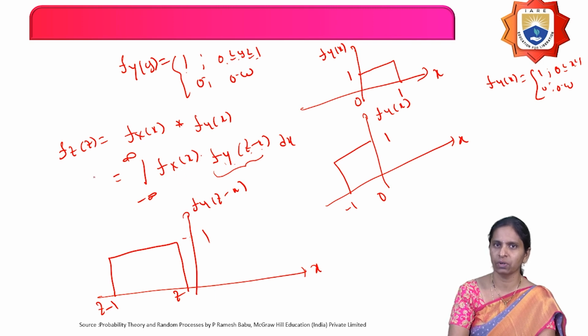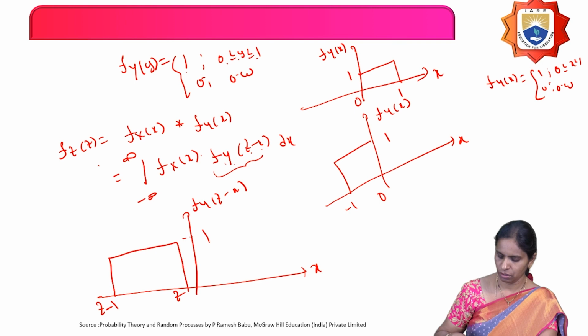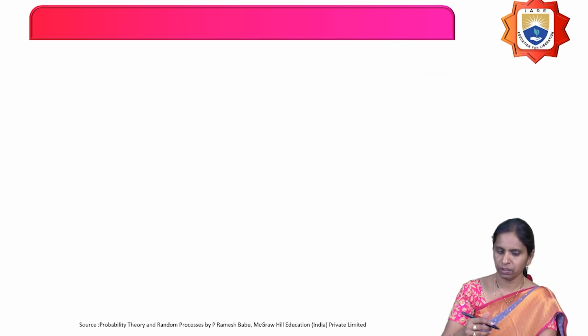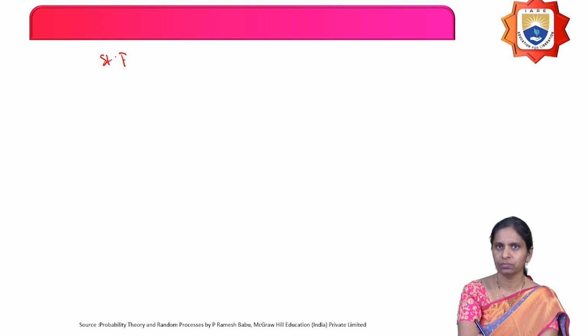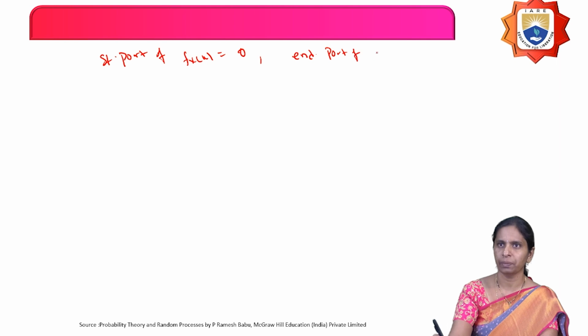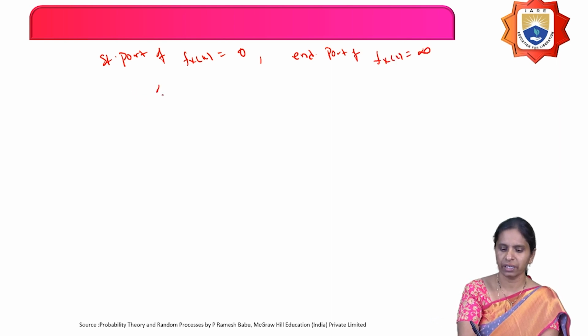Now you have to calculate fz of z. What is the starting point of fx of x? Nothing but 0. And what is the ending point of fx of x? Infinity. And what is the starting point of fy of y? 0.